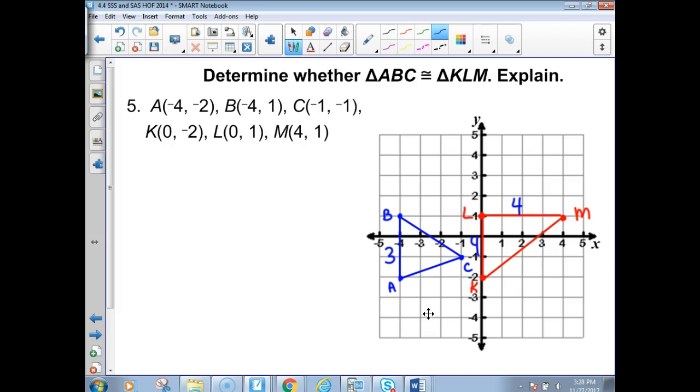Yeah, and then if I do the distance formula, all I'd have to do is show that 2 of these sides are not going to be matching. So I could do the length of BC. And that would be 3 squared plus 2 squared. All I'm doing is counting to the right and then down. And that gives me 9 plus 4, which is the square root of 13. So they're not congruent because the sides are not the same length.